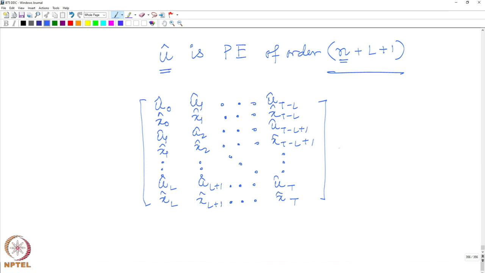This is nothing but the Lth Hankel matrix created out of u hat x hat.